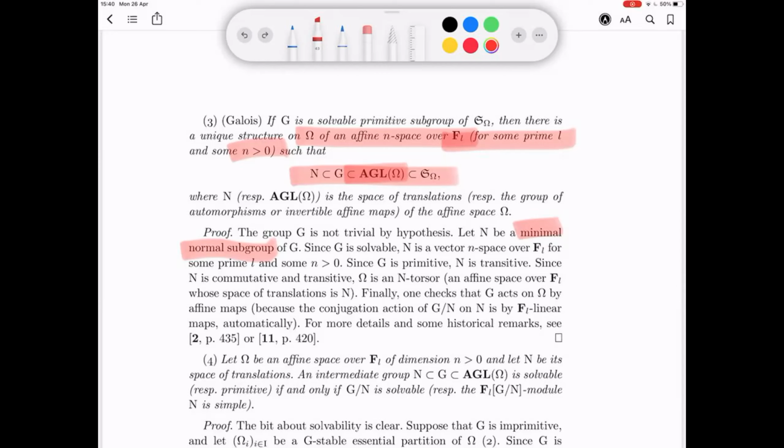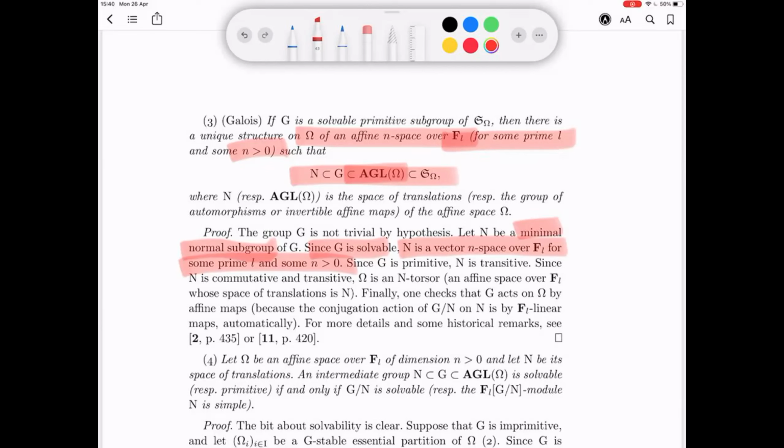Now, here is something where you need a little bit of group theory. Because your group G is solvable, N is going to be a vector space over some finite field Z mod LZ of some dimension n. So the group N will be isomorphic to Z mod LZ direct sum Z mod LZ, and so on, up to n times.